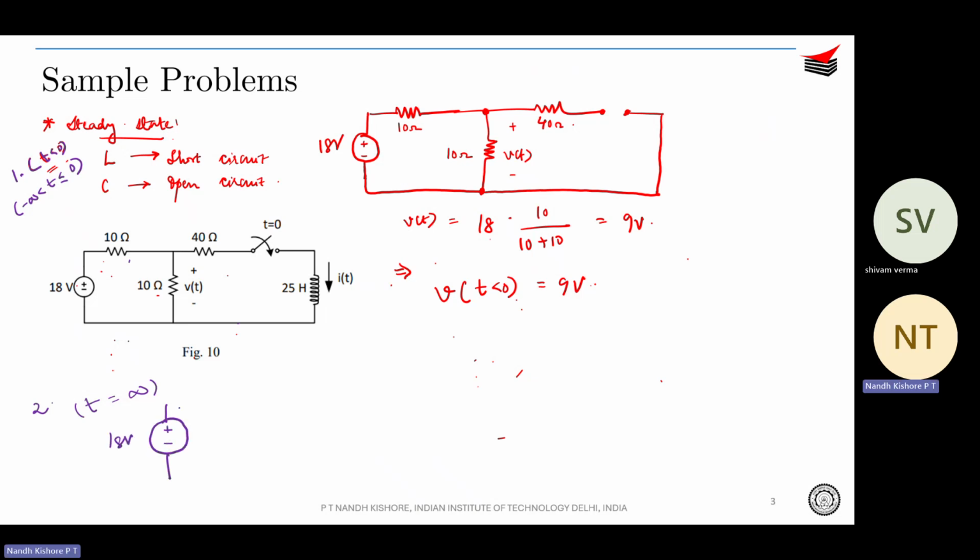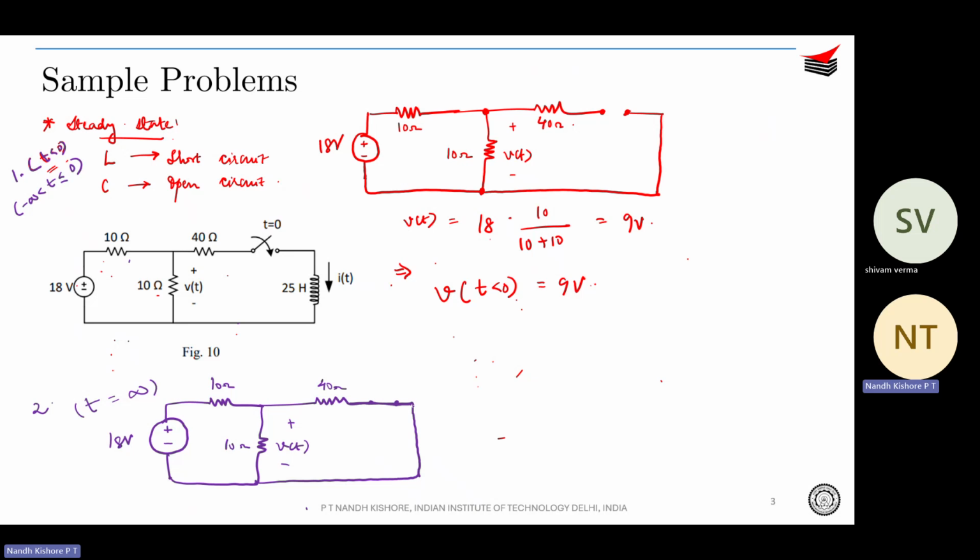The circuit is going to get modified something like this. You have 18 volts, 10 ohms, again 10 ohms, and you're taking V of t across this. You have 40 ohms, and the switch is closed, and then you have the inductor, which would behave as a short circuit.